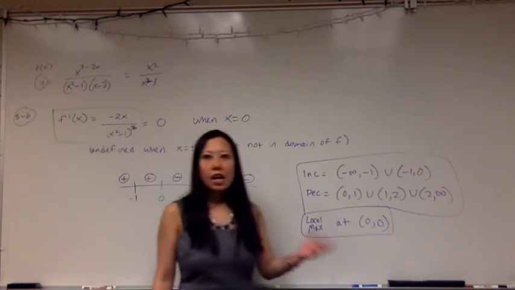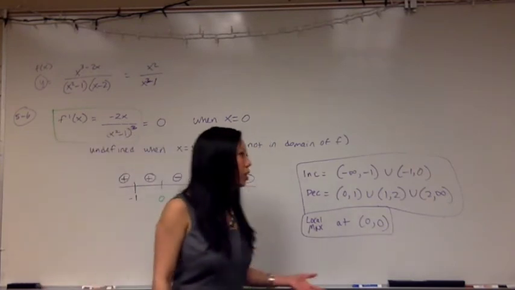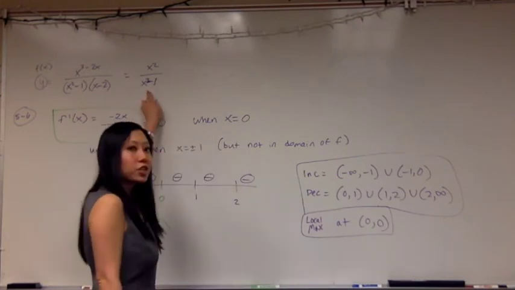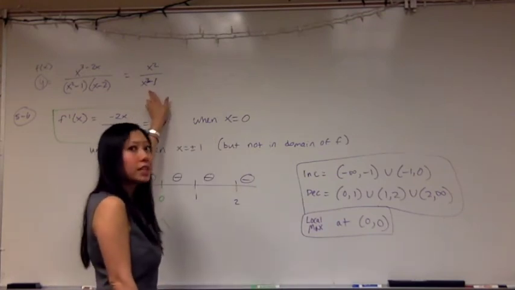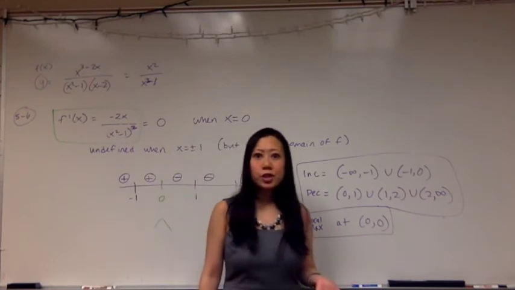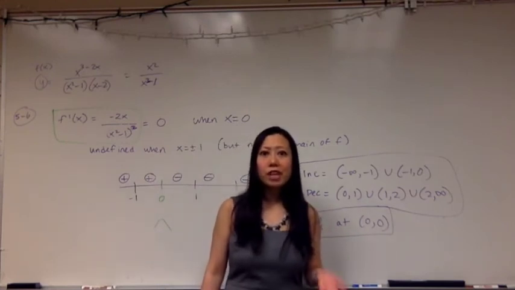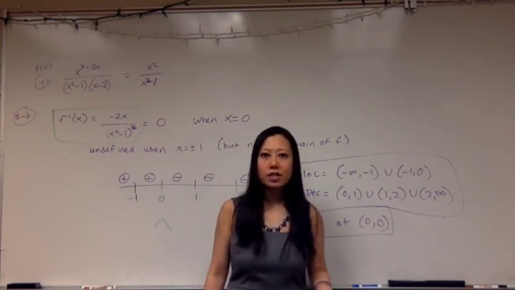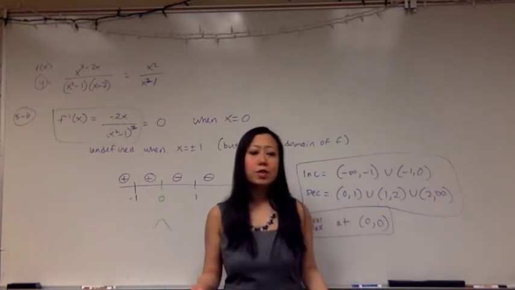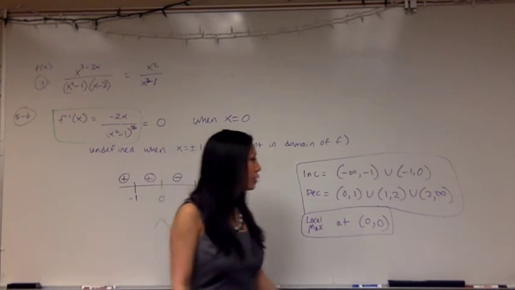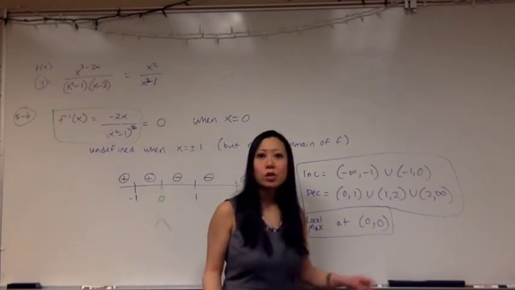If you want to find the y coordinate, we would plug it into the original function. I plug in x equals 0 into here. However, in step 2, when I found the intercept, I already know that when x equals 0, y equals 0. So if you go back to step 2 and see if you already did it, it might save you some time. And so I already know that the y value is going to be 0, so I have a local max at (0, 0).